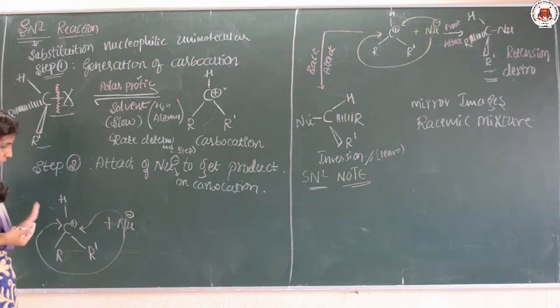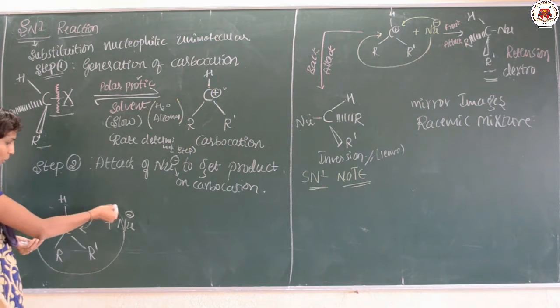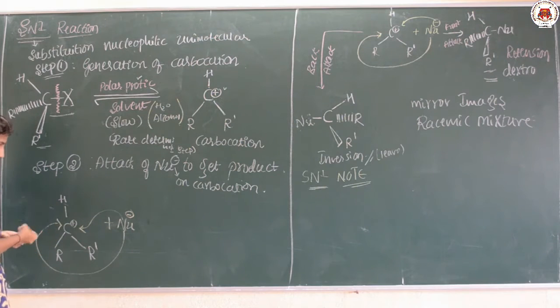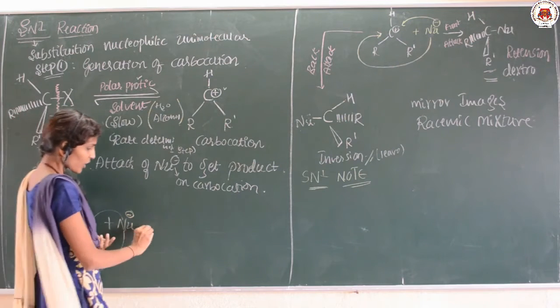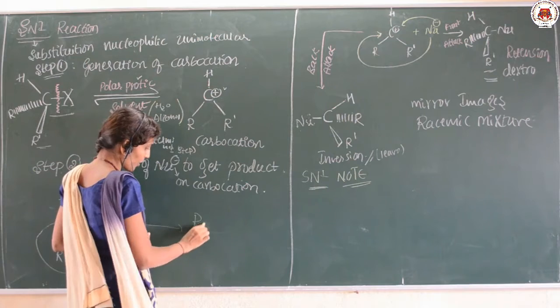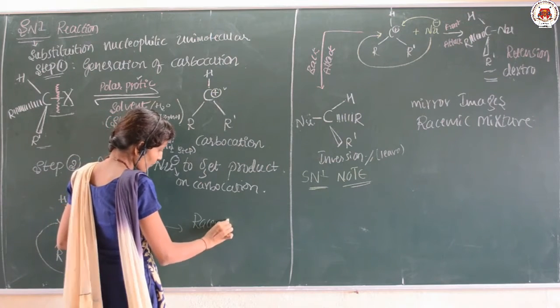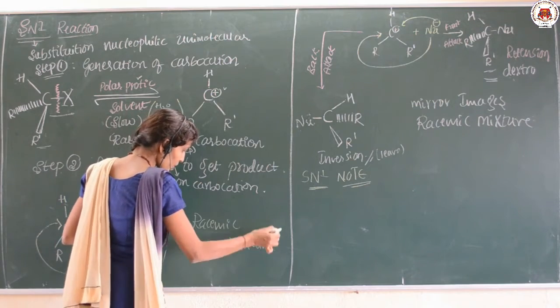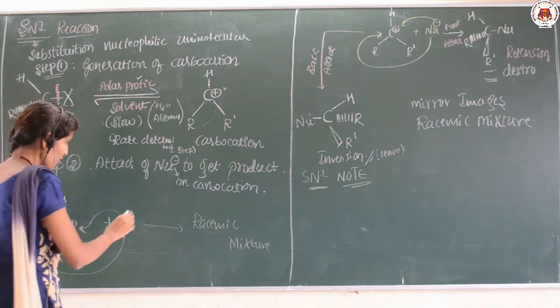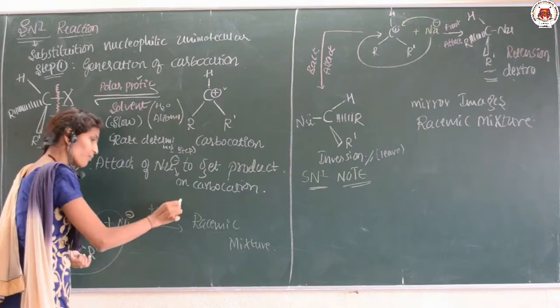For an idea, the nucleophile can attack from the front, or it can attack from the back side. As there are two possibilities, the product will always be a racemic mixture, and this step is fast.